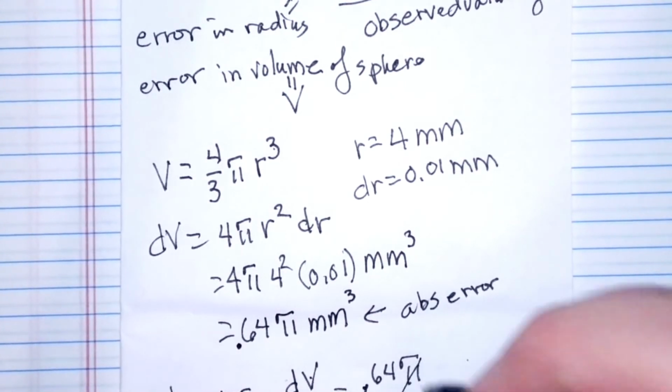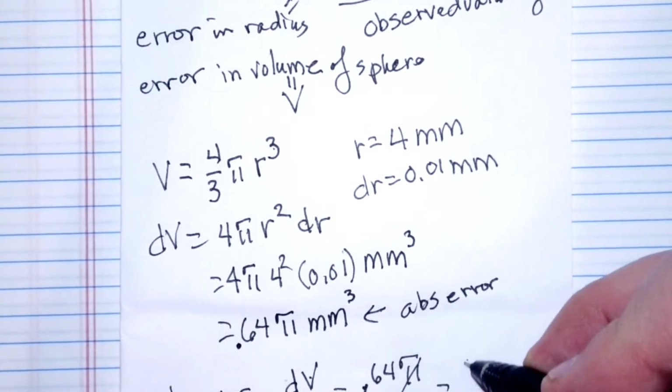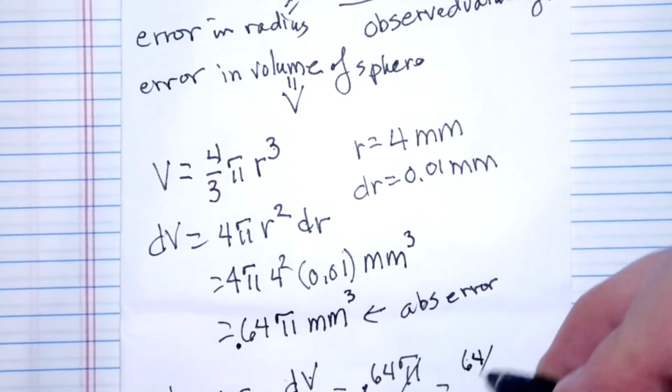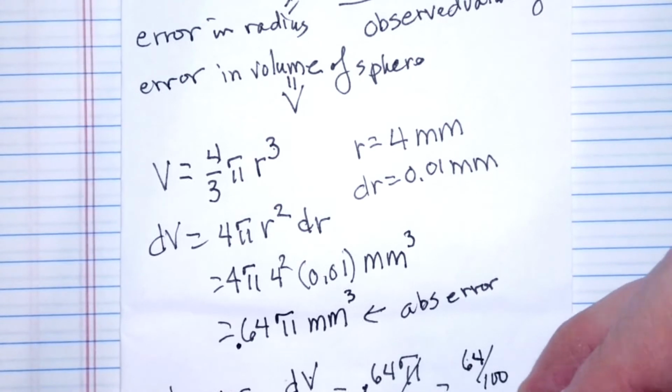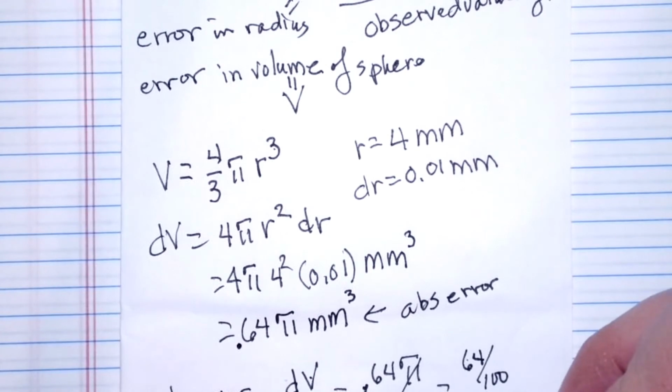The pi's are going to cancel out, and so what we've got is 64/100ths. We could probably reduce that, and then that's divided by 4 times 4 times 4 times 4, which is 256, I think, over 3.